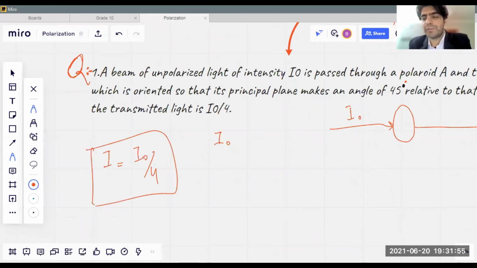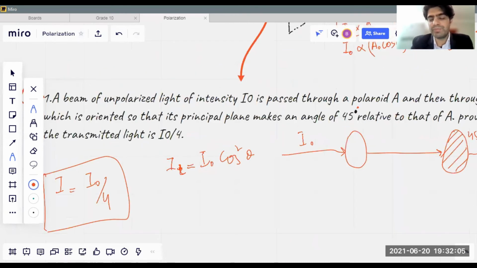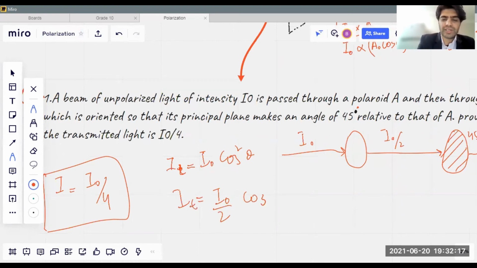Let's take the statement of Malus law, which is I transmitted is equal to I naught cos square theta. As we all know, whenever the unpolarized light passes through this polaroid, it becomes I naught upon 2. So we say I T is equal to I naught upon 2 cos square theta, where theta is equal to 45 degrees.